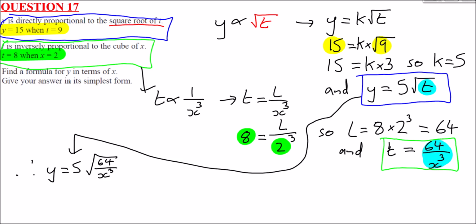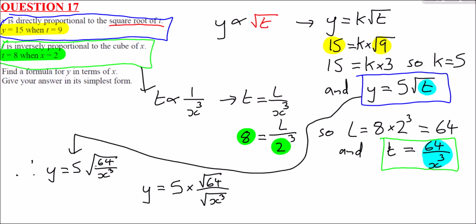It says give your answer in simplest form. So what we can do here is square root the 64. We can't square root x cubed, firstly because we don't know what x actually is, and also square rooting something cubed is quite awkward. But we can just rewrite this as 5 times the square root of 64 on top, divided by the square root of x cubed at the bottom.